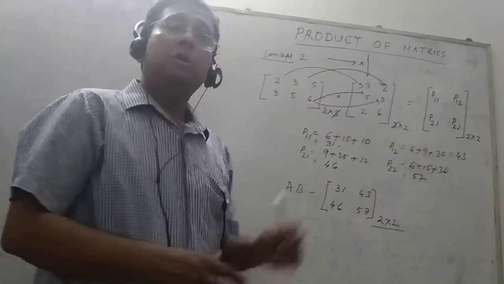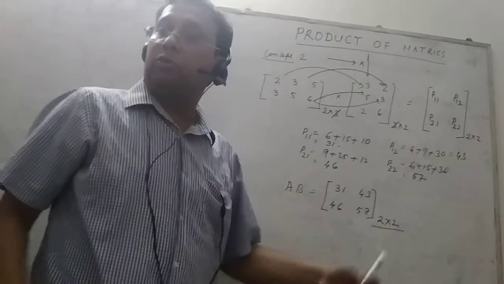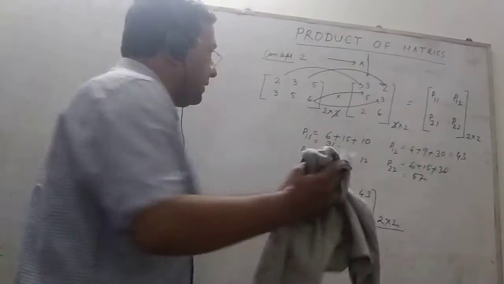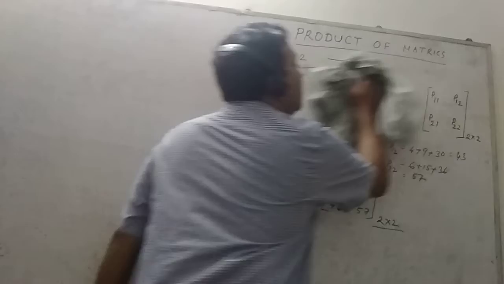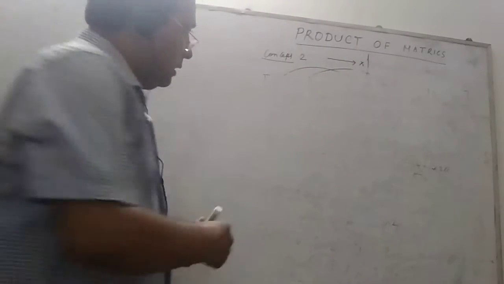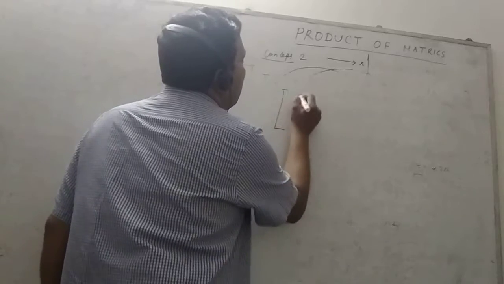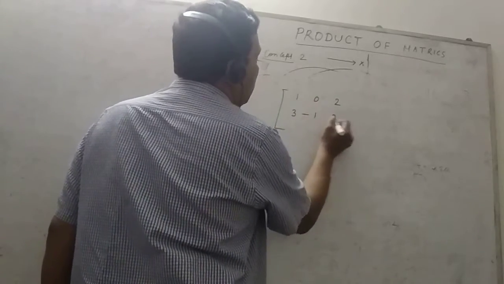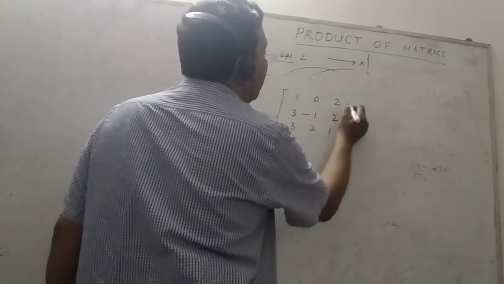You can also multiply 3 by 3. I am showing you another product for a 3 by 3 matrix because that is also important for square matrices. Suppose a matrix 1, 0, 2, 2, 3, minus 1, 2, 3, 3, 1.